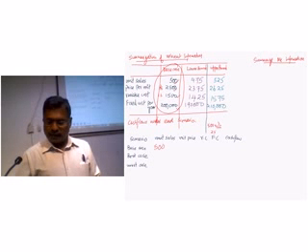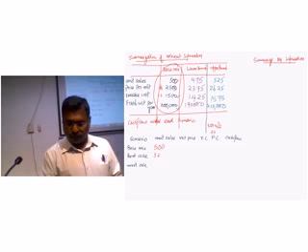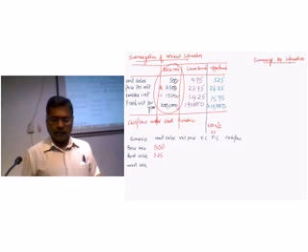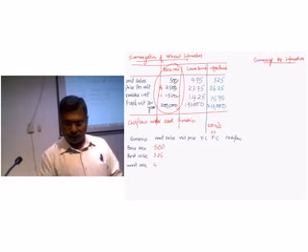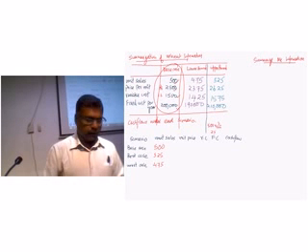Here upper bound means best case. Then lower bound means worst case, pessimistic. Three cases.